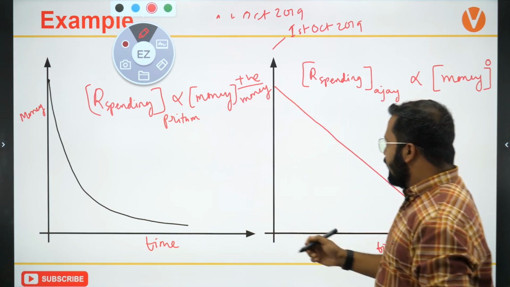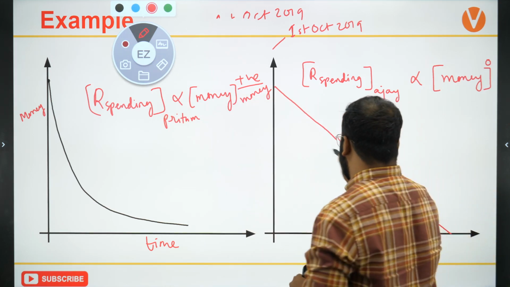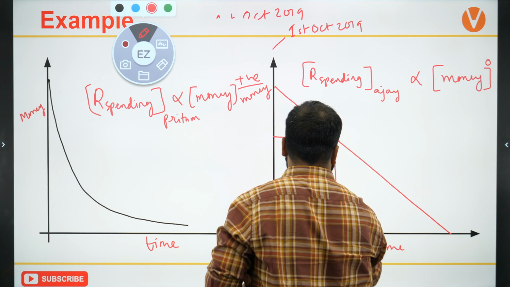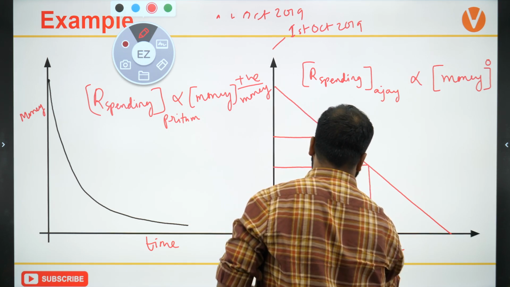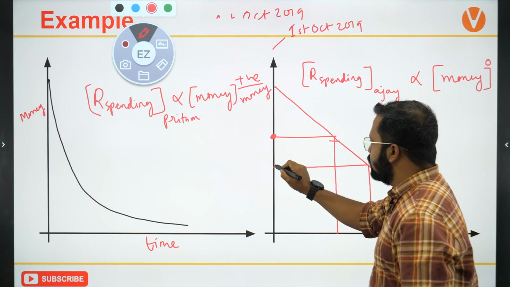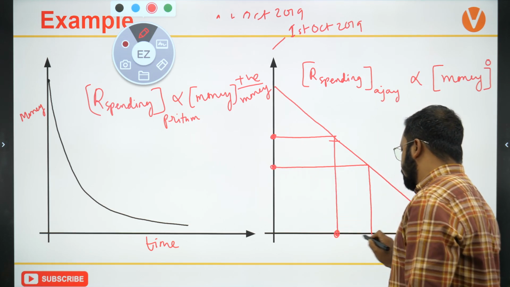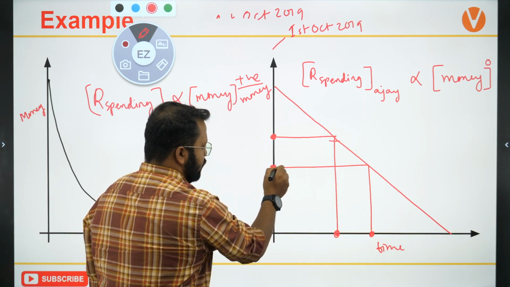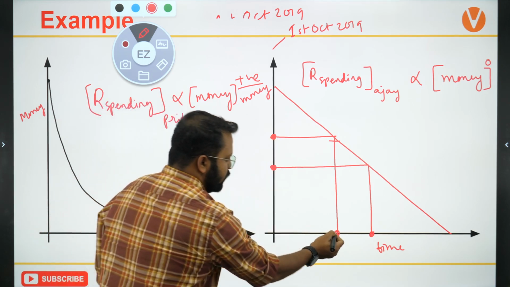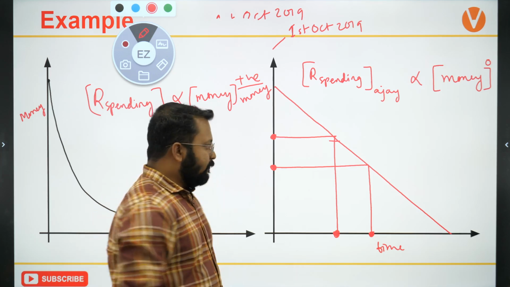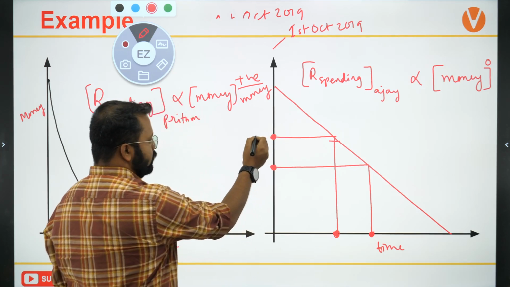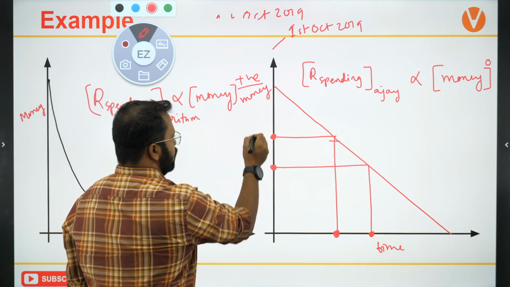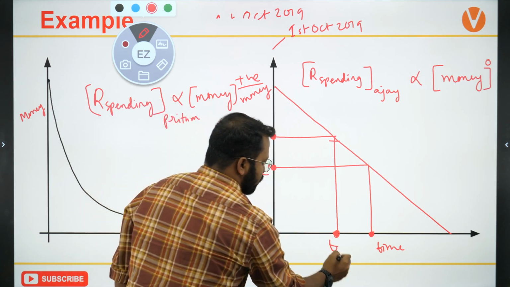Okay. If I calculate a change in the amount at these 2 points, for this time interval, I would be getting, so this is money value 1, this is value 2, this is time 1, this is time 2.